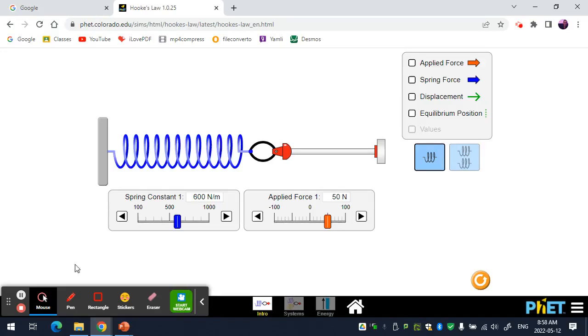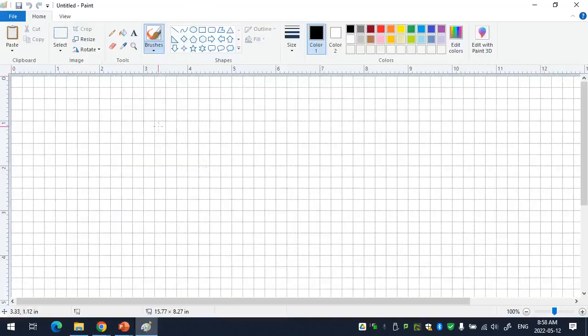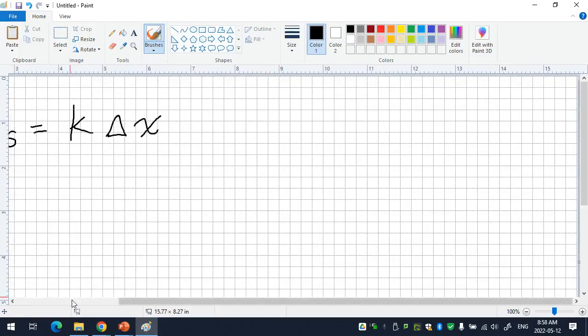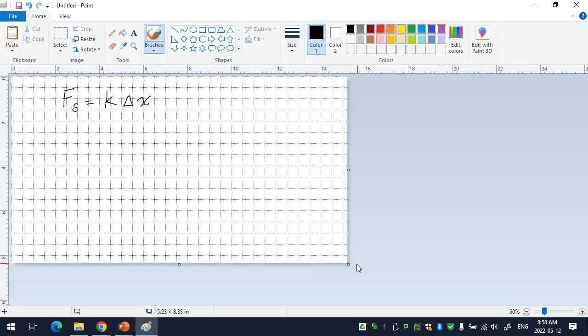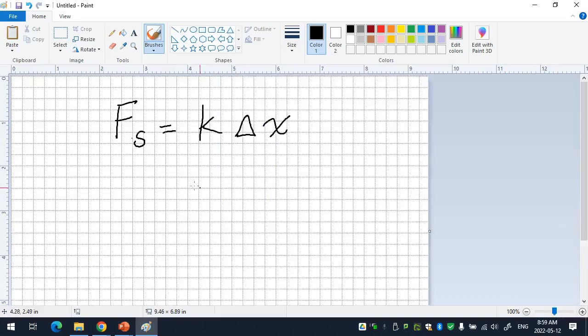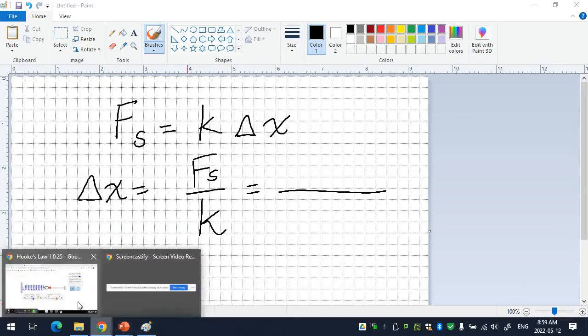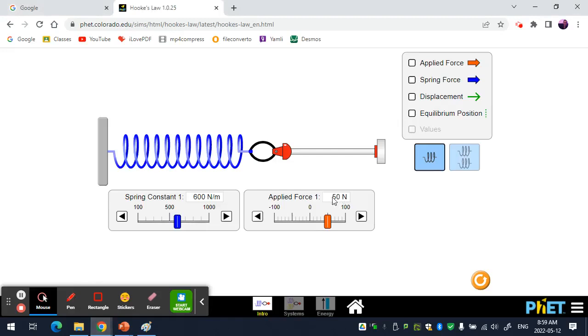Hooke's law. All right, so let's actually do it. What's Hooke's law? F spring equals K delta X. Which one am I trying to solve for here? We're trying to see how much longer it got, so yes, the change in length from the original position. So delta X equals Fs over K. How much force did we apply? 50.